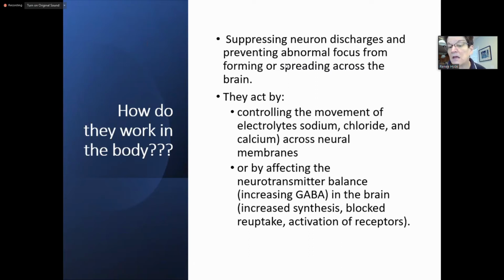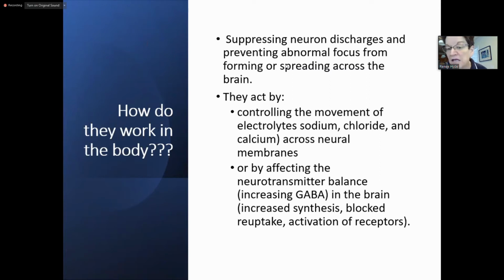Okay? It's a calming neurotransmitter, whereas acetylcholine or norepinephrine are active neurotransmitters. A lot of times they increase GABA by increasing the amount that's synthesized.